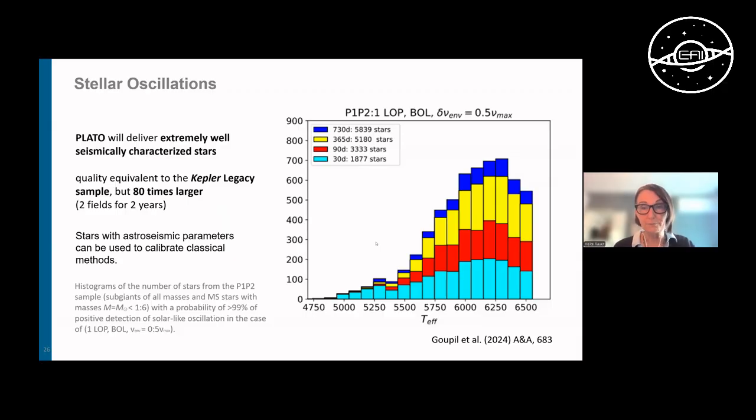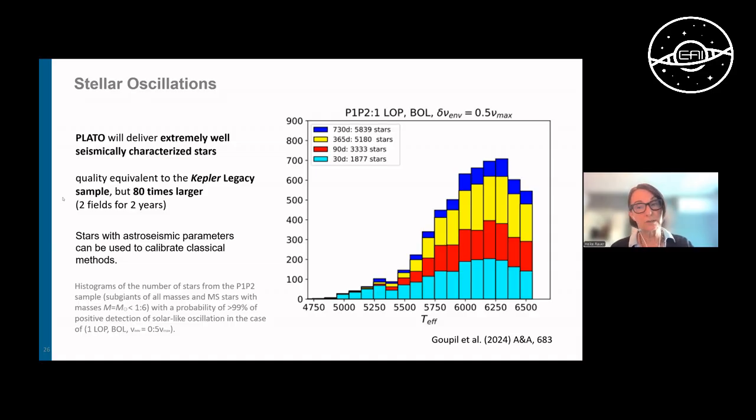That has been confirmed. The plot here shows a comparison. It shows how the number of stars for which we can do this analysis increases with increasing observing time, and in comparison with the Kepler mission, the results will be similar, but we will get 80 times more stars with asteroseismic results for 2 fields in 2 years, I should say.